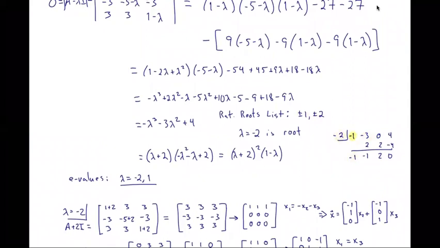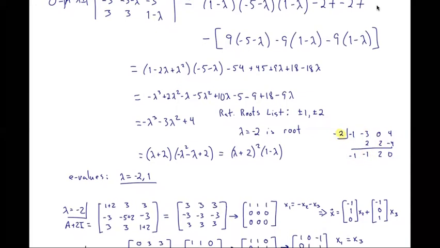We multiply -2 times -1 to get 2. Then we add this column. We get -1. Then -2 times -1 gives us a 2. Then we add that column. We have 2. -2 times 2 gives us a -4. 4 and -4 gives us a 0.